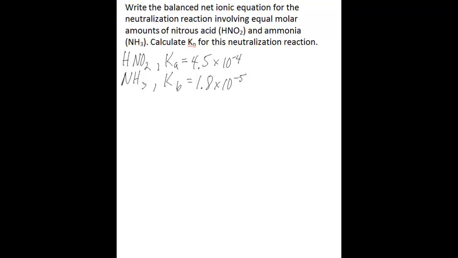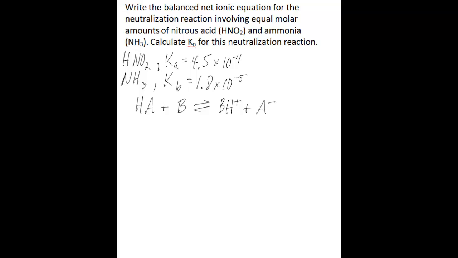Once you know this, you can use the generic form for the net ionic equation for this type of neutralization reaction, which is a weak acid, weak base type. The general form for the net ionic equation is the weak acid plus the weak base, giving you the conjugate acid of the weak base and the conjugate base of the weak acid.